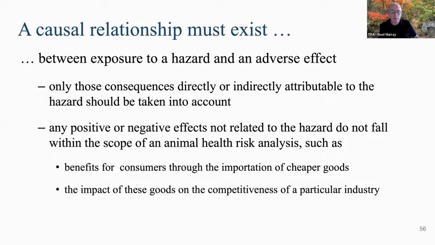And there may well need to be some sort of consideration elsewhere, but it certainly doesn't fall under the scope of a risk analysis. It falls outside the scope of the SPS agreement as well. If we remember before, essentially the SPS agreement is talking about the concept of free trade, where there should be no restrictions on trade unless there's a justifiable and legitimate health concern.